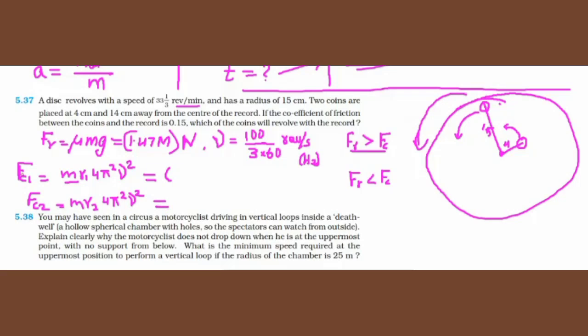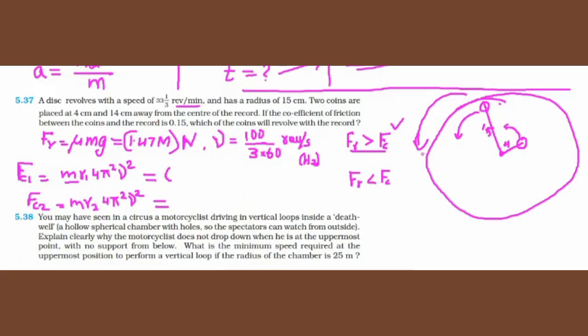Now you see in which case centripetal force is less than friction. This condition is satisfied, that coin will remain there. And the other coin doesn't have enough centripetal force. Friction is not able to give the required centripetal force.